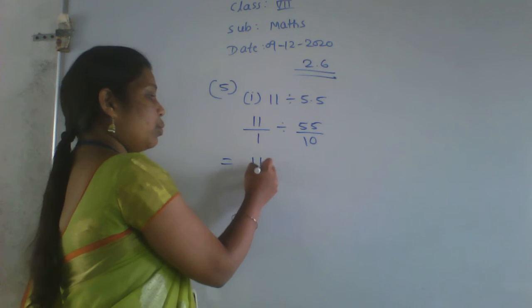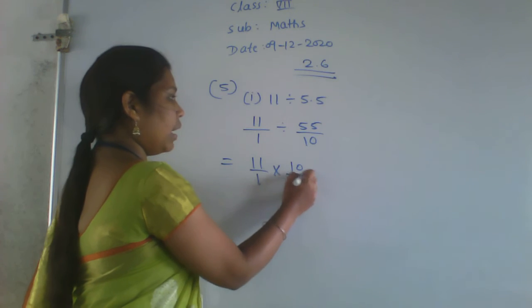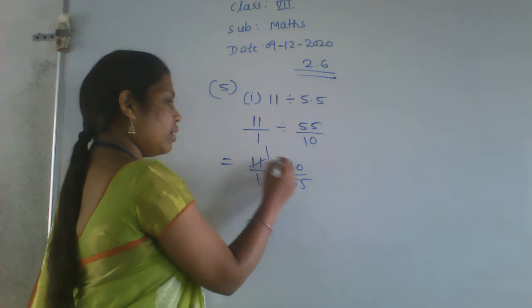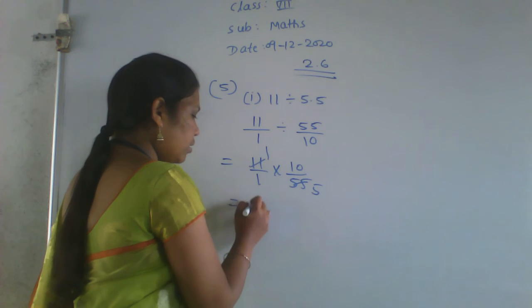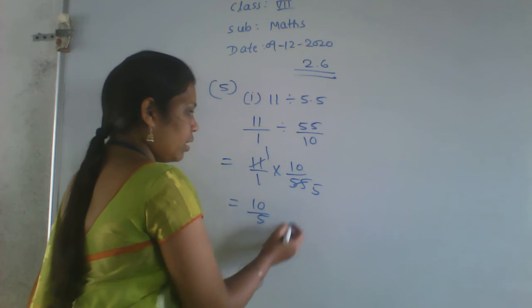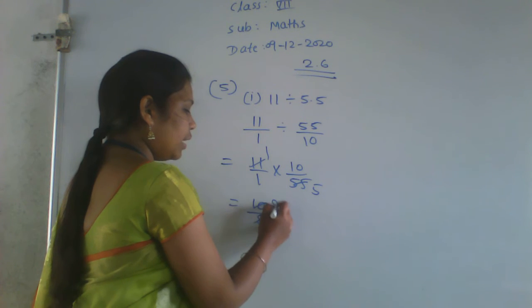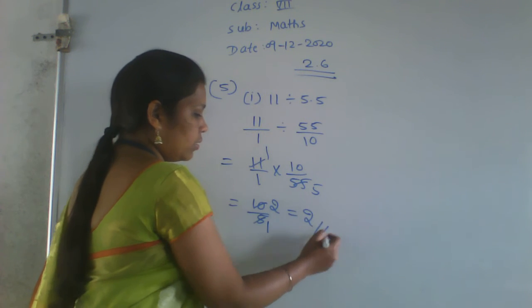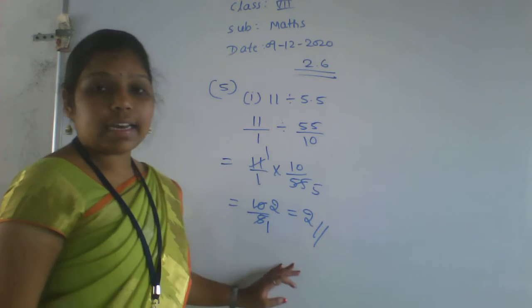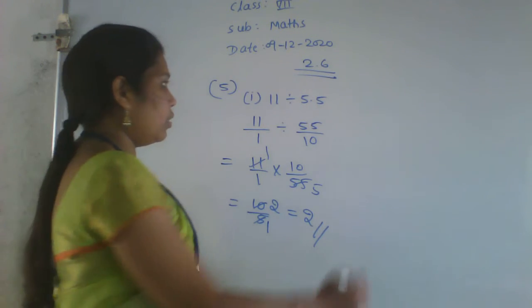So 11 by 1 into 10 by 55. 11 ones are 11, 11 fives are 55. So the answer is 10 by 5. Or else 5 ones are 5, 5 twos are 10. The answer is 2. Like this we have to do the division.